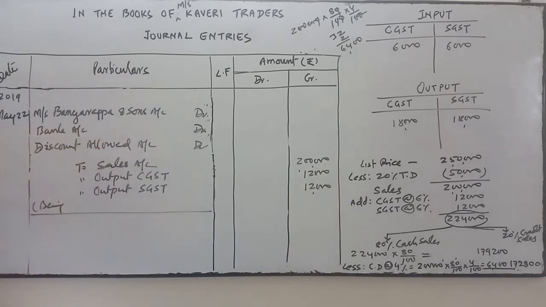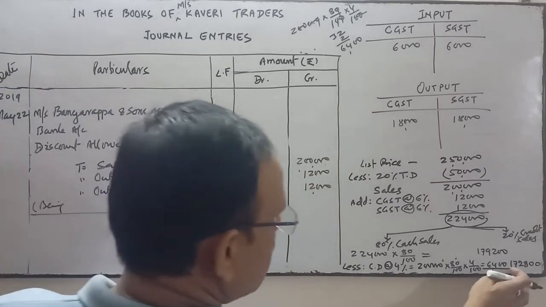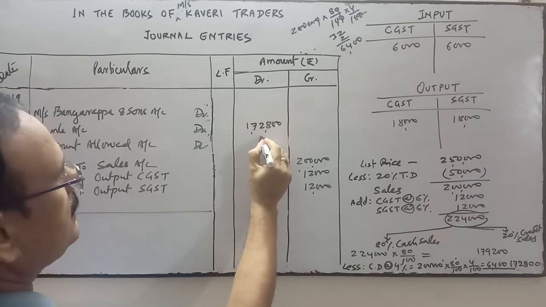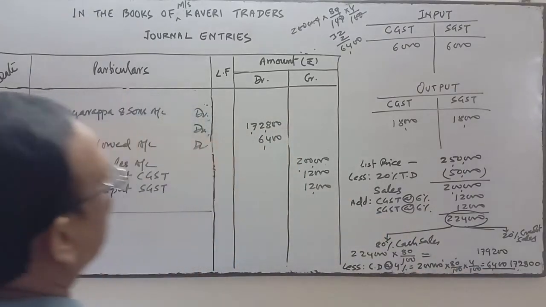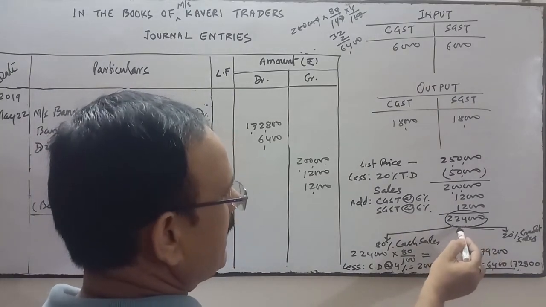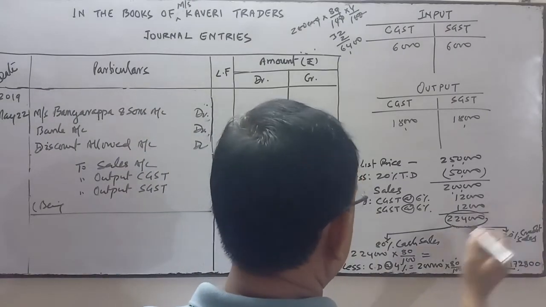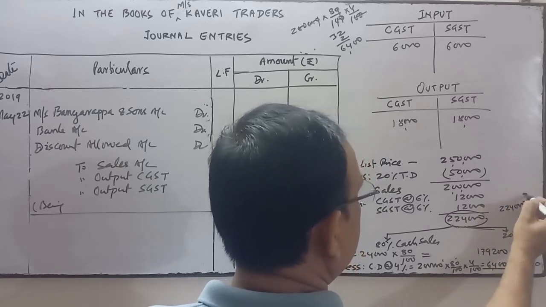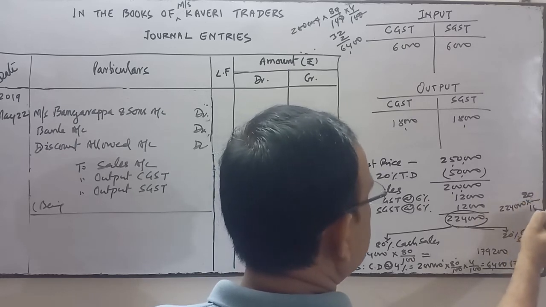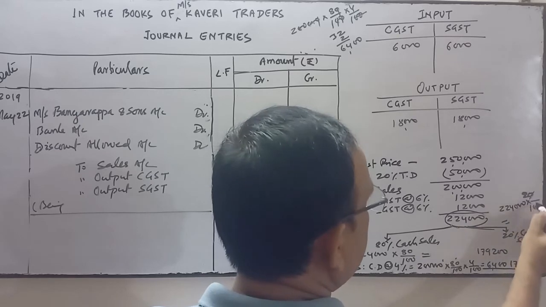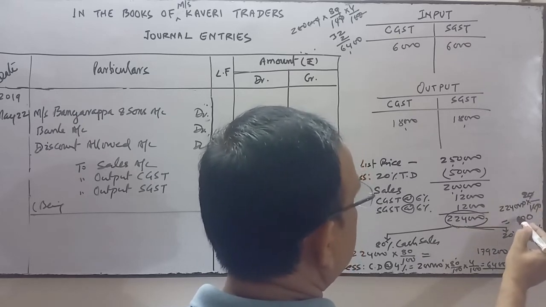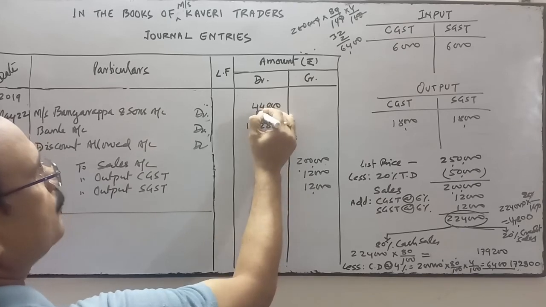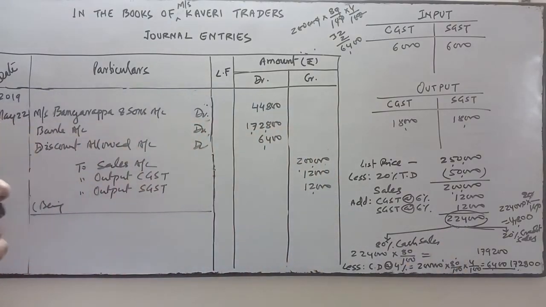The bank receives 1,72,800, and 6,400 will be the discount. 20% is your credit sales, so 2,24,000 into 20 upon 100 comes to 44,800.